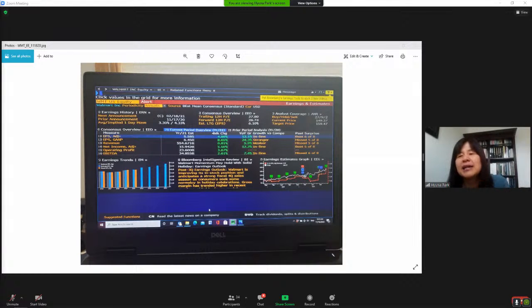So that's why in intro classes, we just use Bloomberg Market Concepts. But finance students who later take the security analysis class, finance 5330, will have access to the Bloomberg terminal functions.